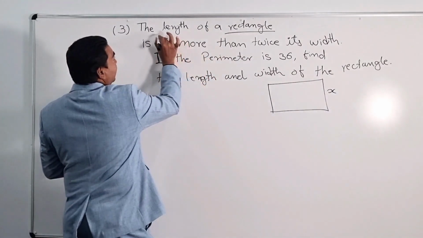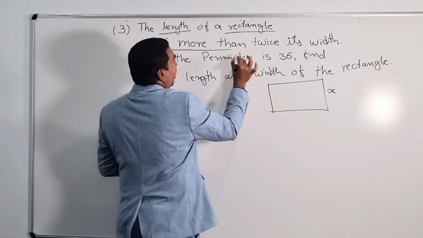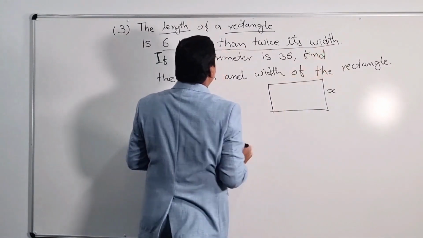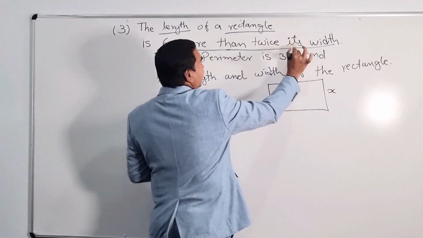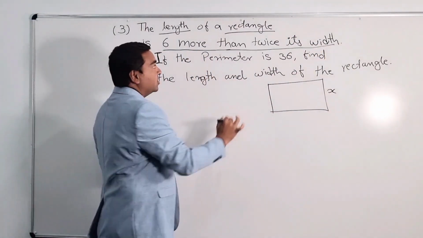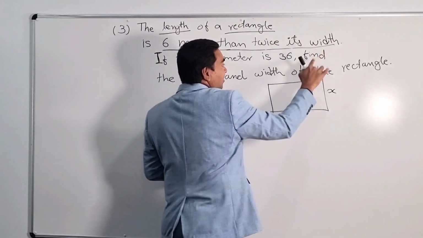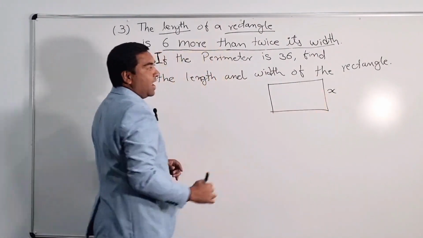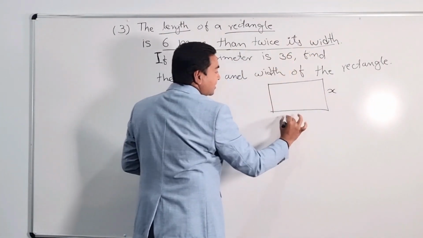So they said length is 6 more than twice its width. So very first thing is twice its width. So twice its width, that means 2 times x, because x is my width. So twice its width, which is 2x.